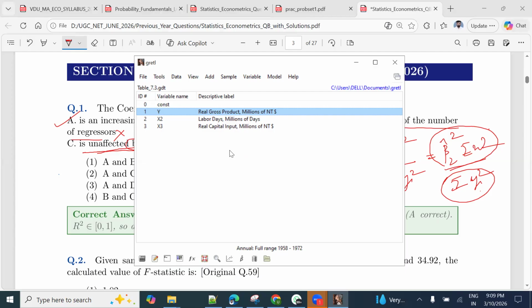Chapter 6. One second. Child mortality, one example was there. I don't know where the table data is.